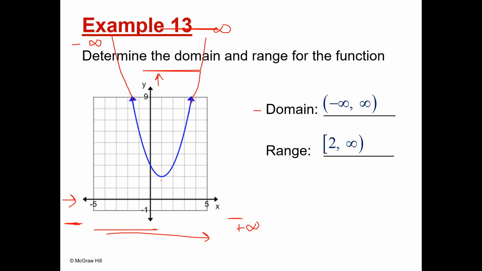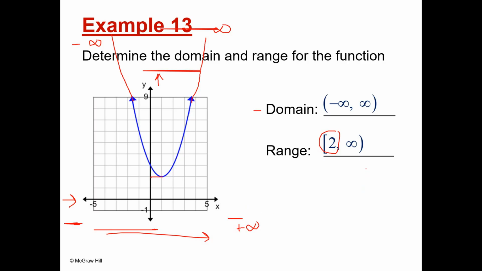The lowest point this function can have on the y-axis is this one. This is the value where the range starts. Let's count 1 unit, 2 units. So it starts from 2 and goes up.